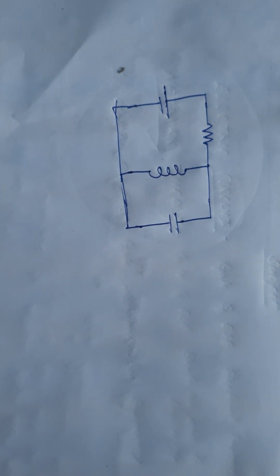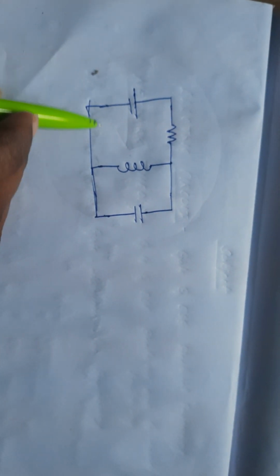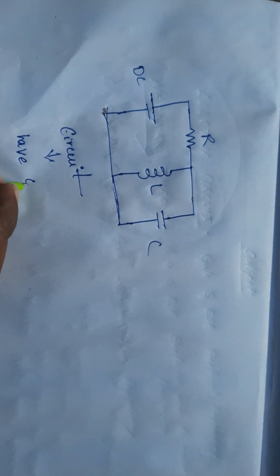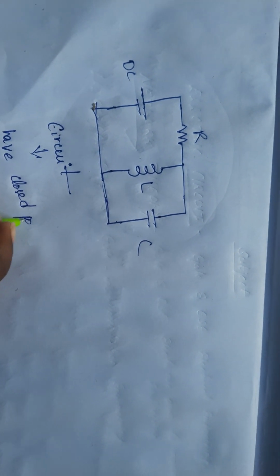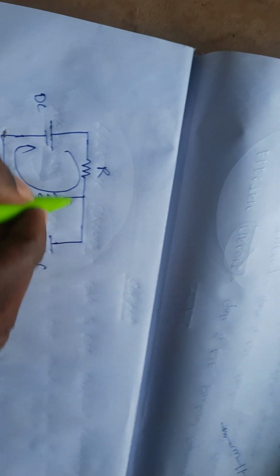Is this a network or a circuit? Tell me. It has a closed path. Okay, it has a closed path, so it is a circuit. This is the closed path. This is also a closed path.